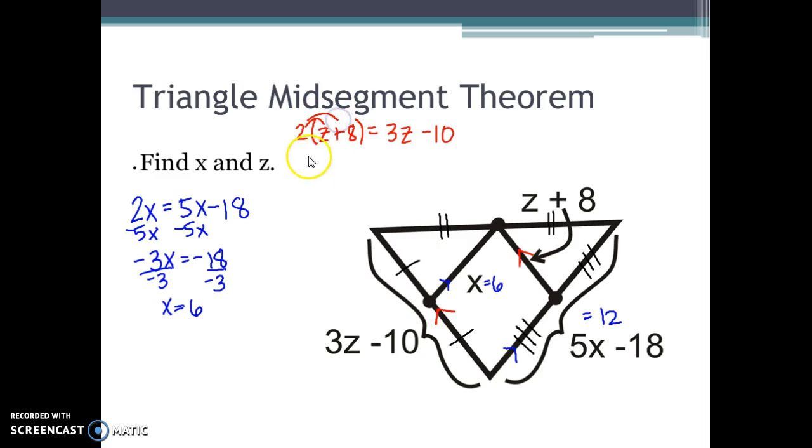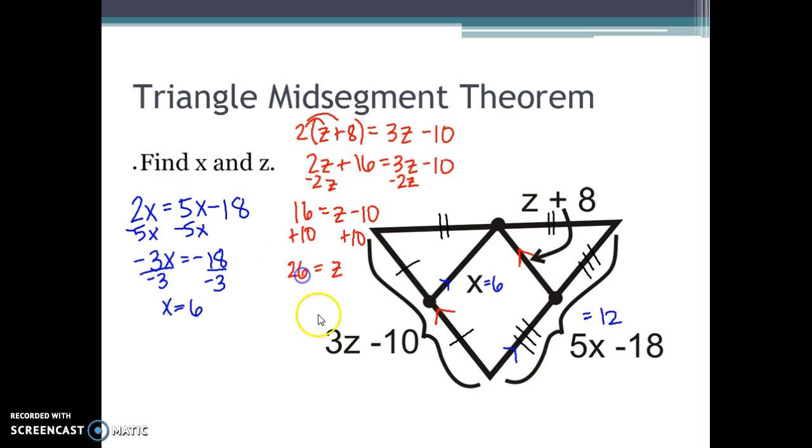Distribute my 2, so I get 2z plus 16 equals 3z minus 10. If I subtract 2z over, I get 16 equals z minus 10. And then my last step is to add 10 to both sides. So then we get z equals 26.